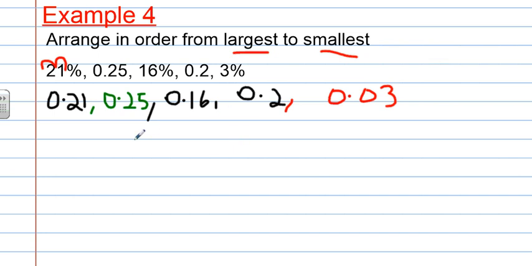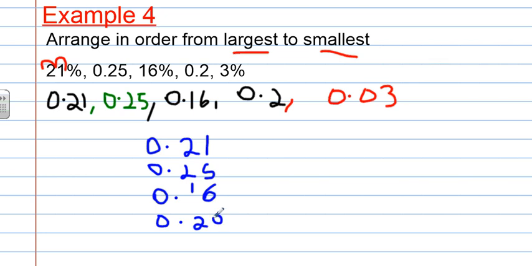So if you put it in column method, you start with 0.21, 0.25, 0.16, 0.2. 0.2 is the same thing as 0.20. So it's best to fill in the gap so that you have 2 digits after the decimal point.